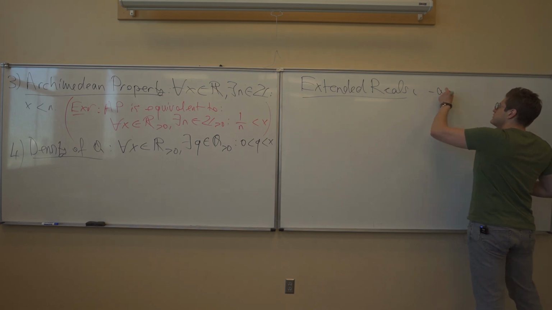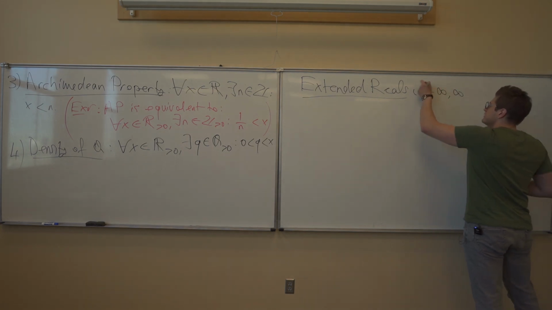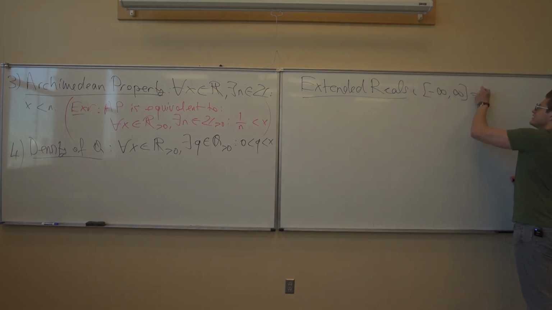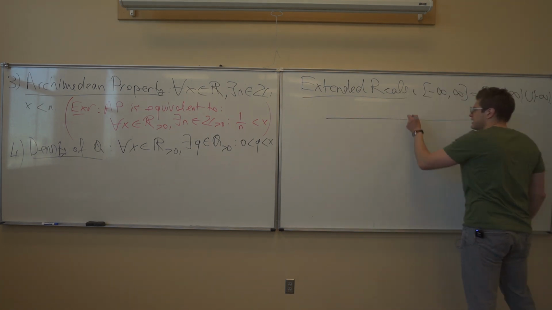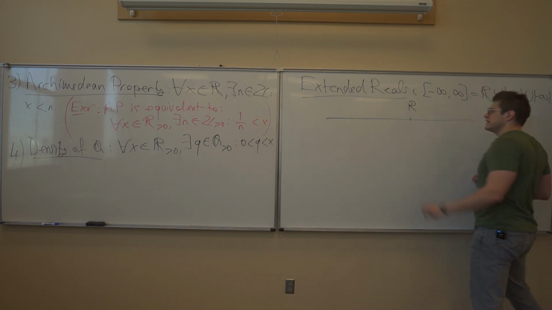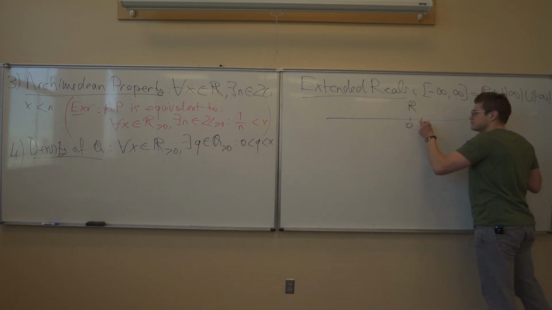The way I'd like to write it is minus infinity to positive infinity with close brackets, and this really stands for R union positive infinity as something, and then minus infinity. But instead of writing it like this, let me first draw the picture. The way I imagine it is like this. The real line is a line, 1, 2, and so on.